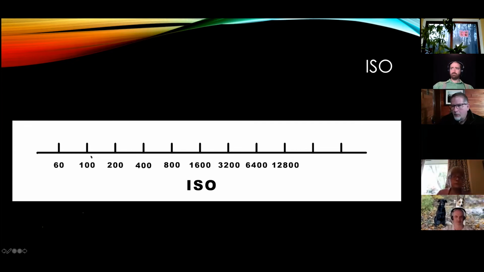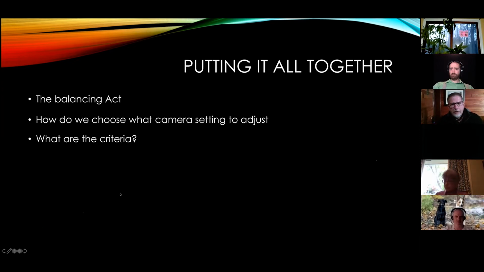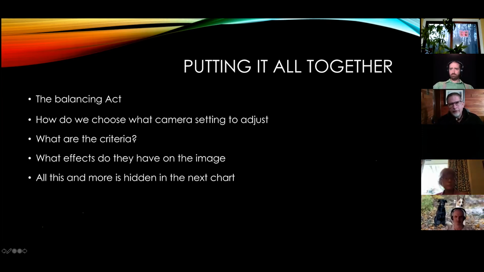I've bought one stop of light. So essentially I can drop my ISO by dropping that f-stop, and we'll show you when we incorporate our full scale here. And this is all about being a balancing act and what the criteria is.